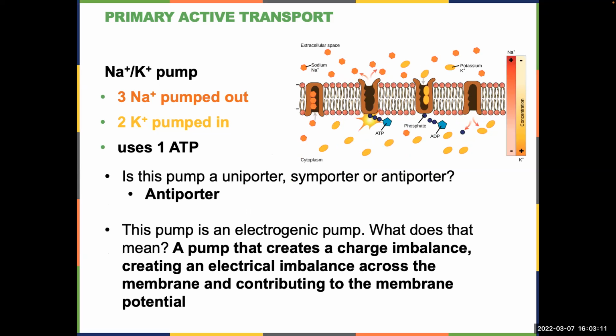Okay, so this is an antiporter system or pump because you're moving 2 different molecules in 2 different directions. An electrogenic pump means that you're creating a charge imbalance, right?